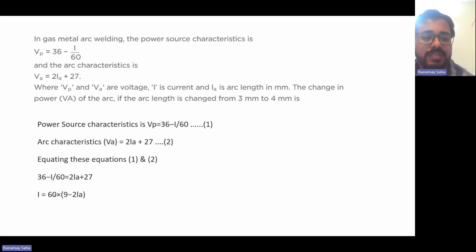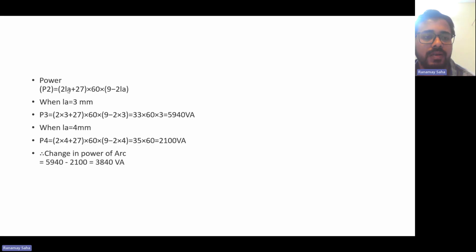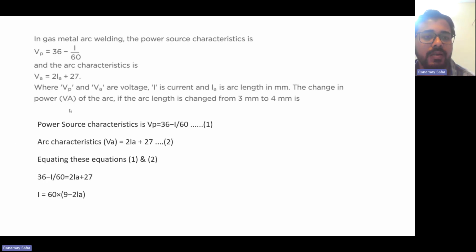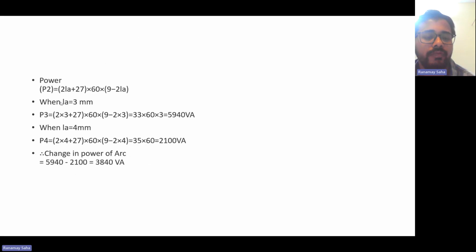So current becomes 60 into 9 minus twice of La. Then multiply the voltage and current to find out the power, and plug in the values of arc length separately. First one is 3 mm, second one is 4 mm, to find the power in the two cases, P3 and P4. You can find the difference as 3840 volt ampere.